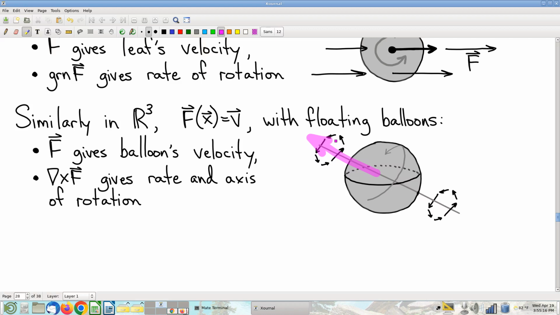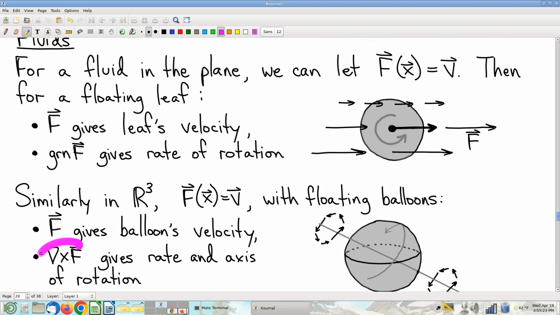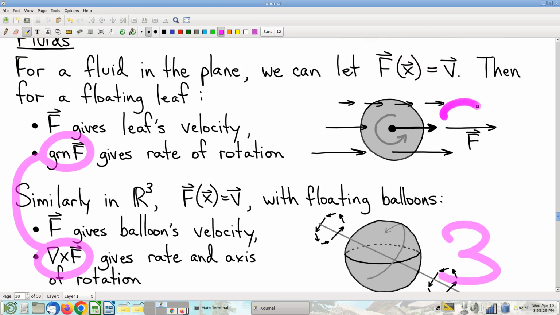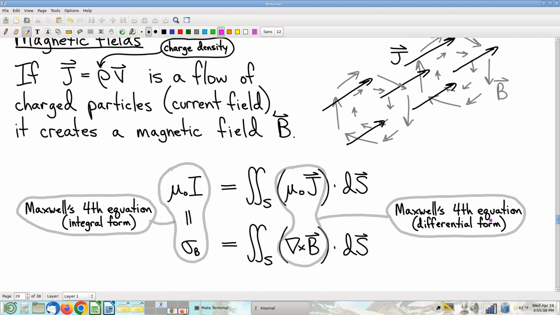Like that. Okay. Is everybody happy with that? And furthermore, does everybody see how curl is playing an analogous role to Green's operator, just in a 3-dimensional context instead of a 2-dimensional context? Okay. All right.